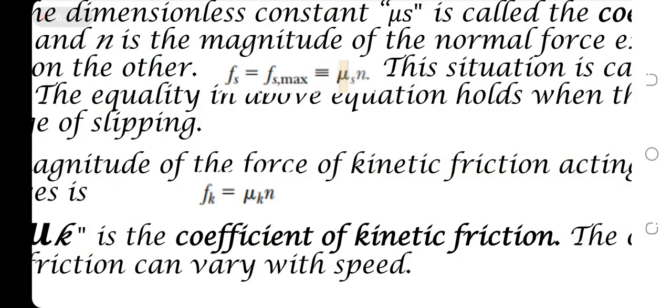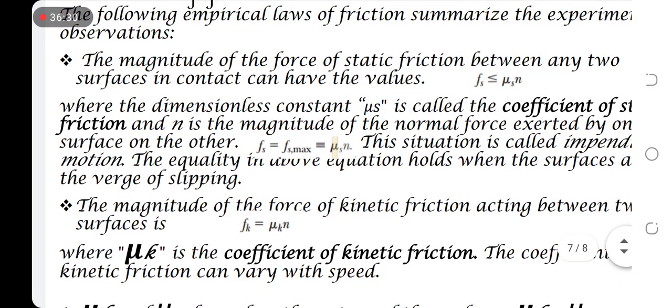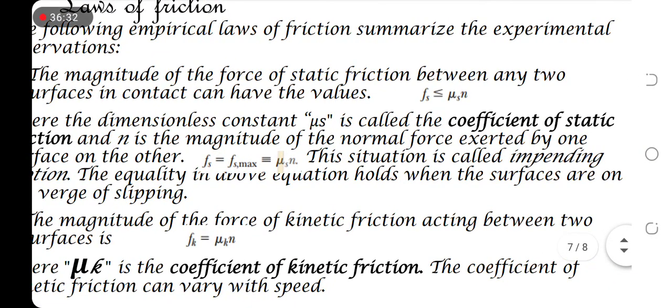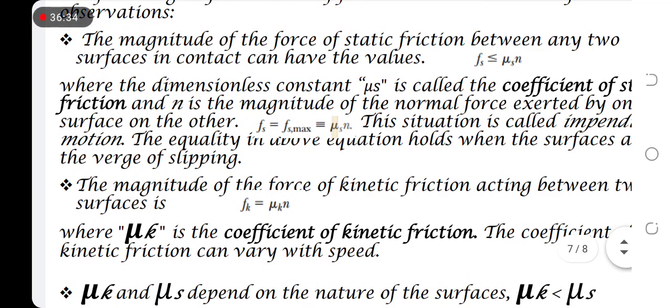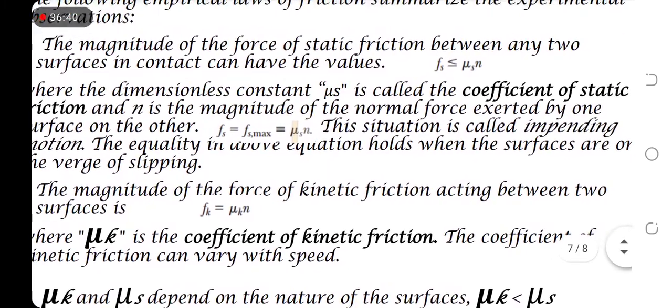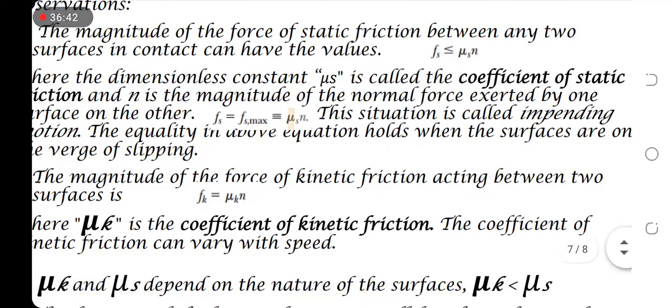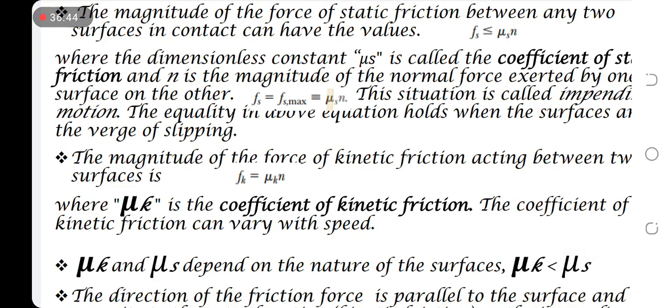But at some stage Fs equals Fs maximum, that is mu s n. This situation is called impending motion. The equality in the above equation holds when the surfaces are on the verge of slipping.